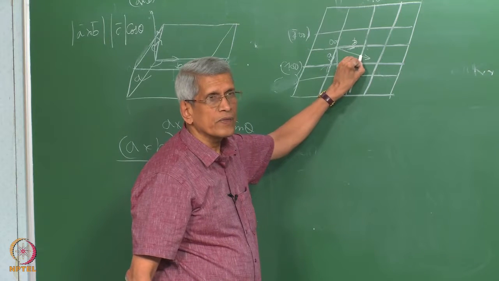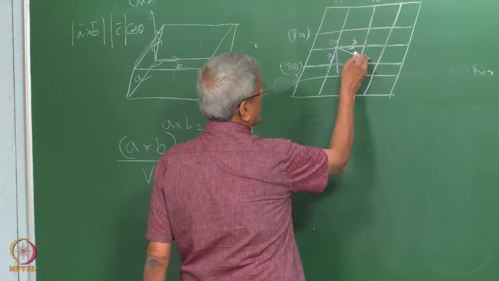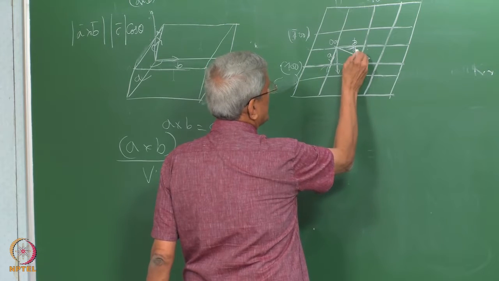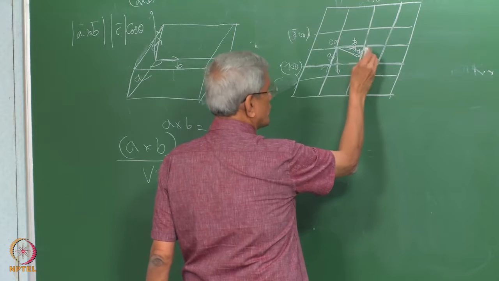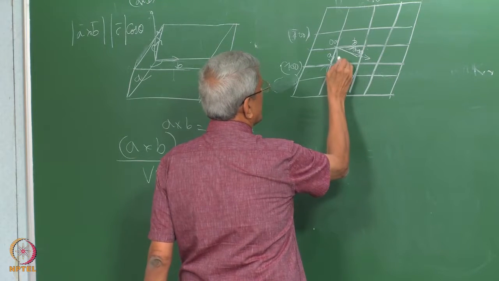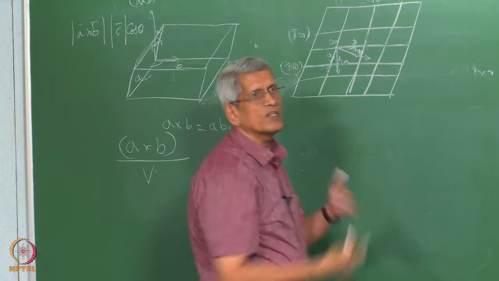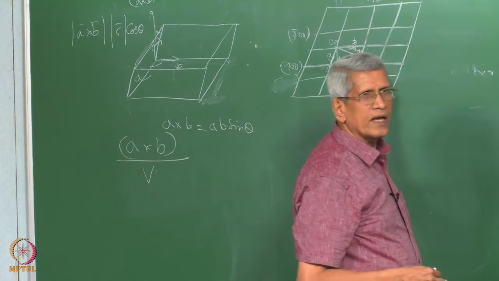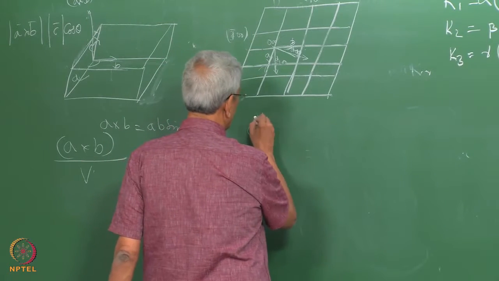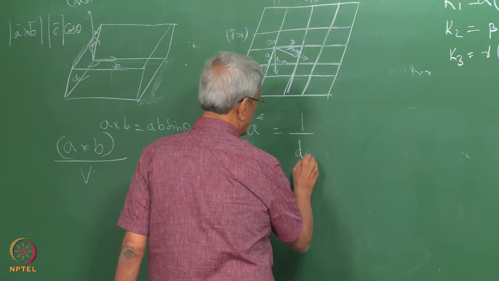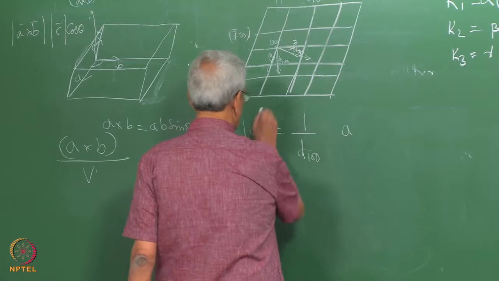In this vector, if I take a distance, suppose this distance is d010, and in this one is d100, and if I take the inverse of that distance and mark it, then A star will be equal to 1 by d100. This is the magnitude.